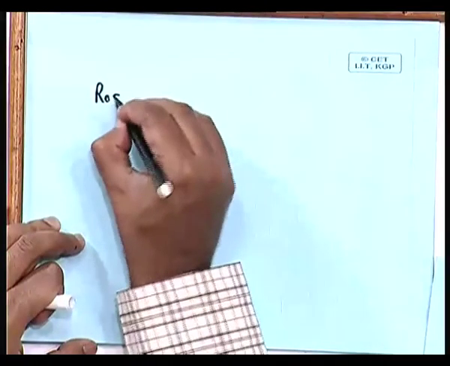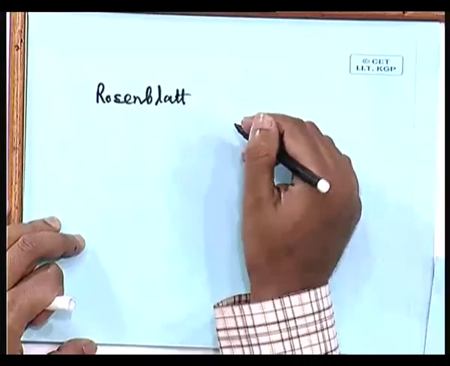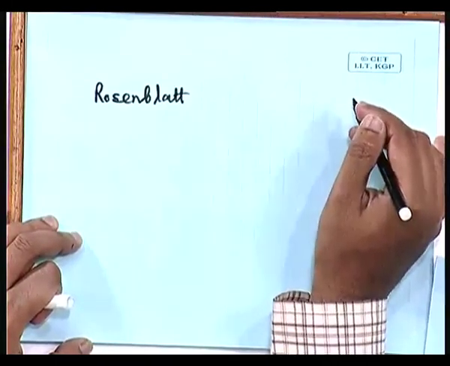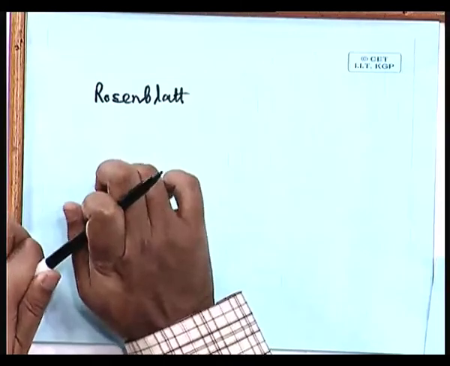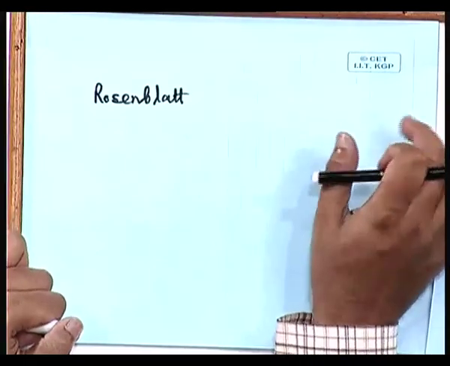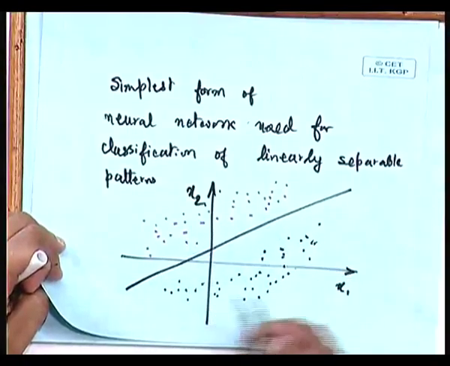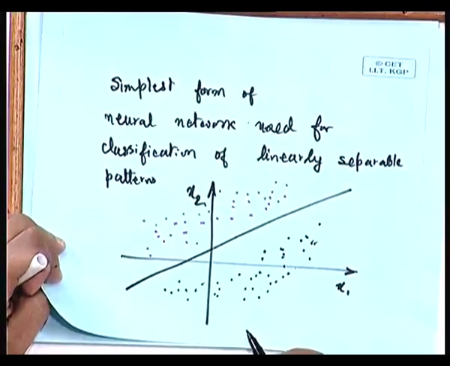Now, it was shown by Rosenblatt, who is one of the key researchers in whose name one can associate the perceptrons, that if you have a linearly separable class of patterns, then a perceptron converges.